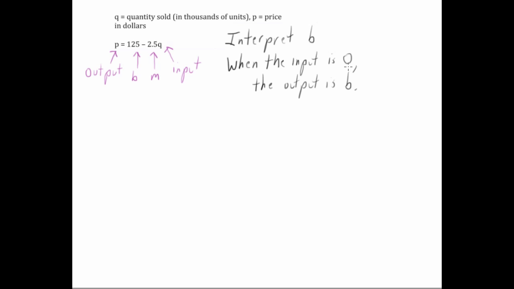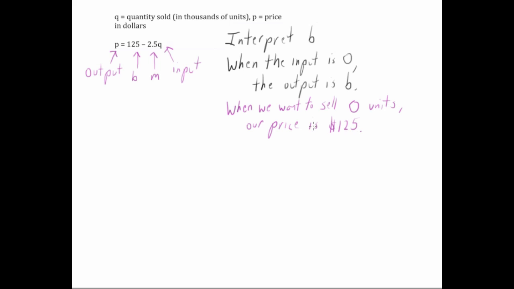When the input is 0, my input is Q. So when we want to sell 0 units, I'm talking about what our input is measured in, our price is $125.